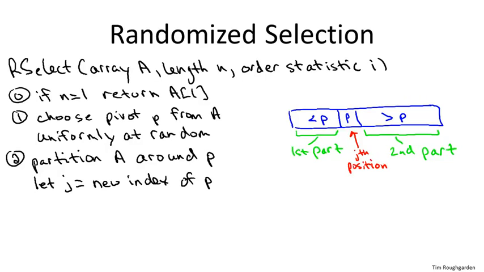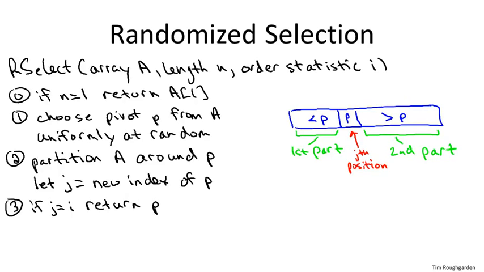Now in general, of course, we don't randomly choose the element we're looking for. We choose something that, well, it could be bigger or it could be smaller than it. In the quiz, we chose a pivot that was smaller than what we're looking for. Actually, that's the harder case. So let's first start with a case where the pivot winds up being bigger than the element we're looking for. So that means that j is bigger than i. We're looking for the ith smallest. We randomly chose the jth smallest for j bigger than i. So this is the opposite case of the quiz. This is where we know what we're looking for has to be to the left of the pivot.